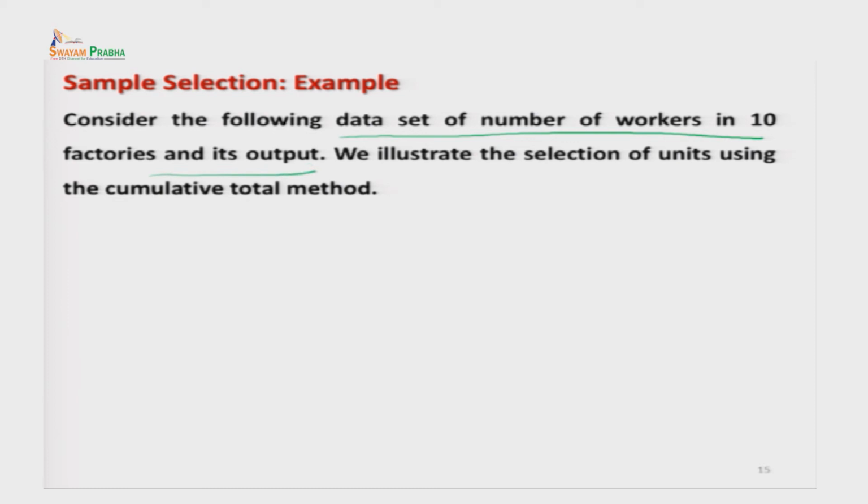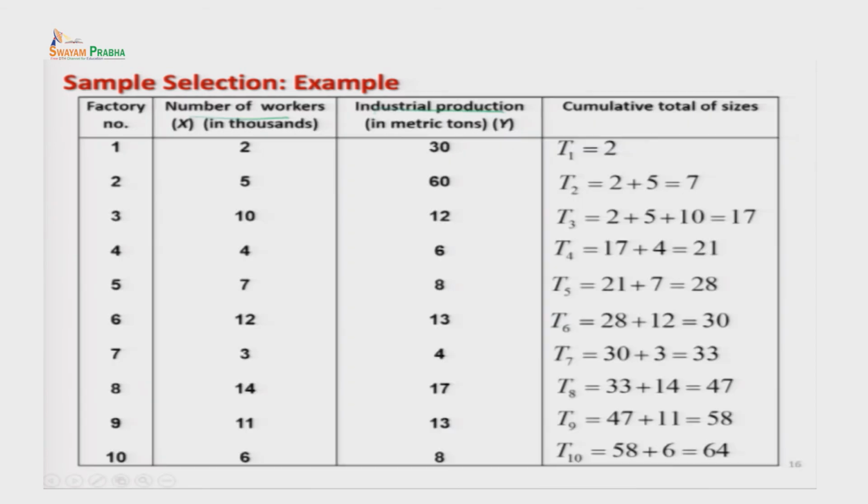We have to select the units using the cumulative total method first, and after that I will come to Lahiri's method. This is the factory number from 1, 2, 3, 4 up to 10, these are the number of workers, and this is the industrial production of the factory. Factory number 1 has 2000 workers, for example, this number is in thousands, and its production is 30 metric tons.